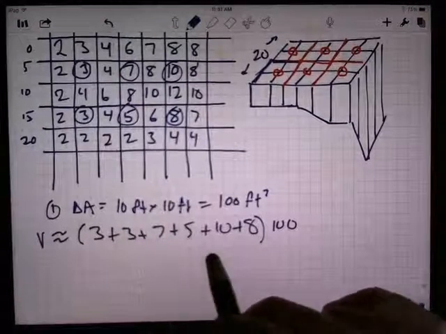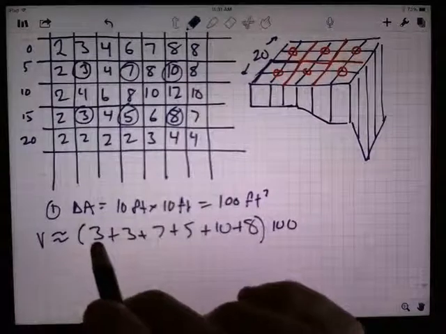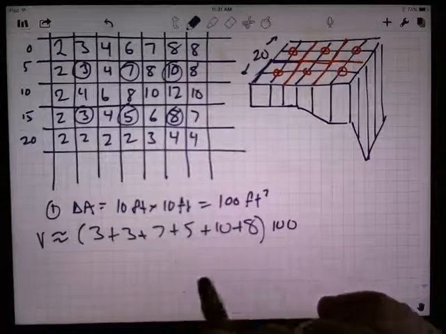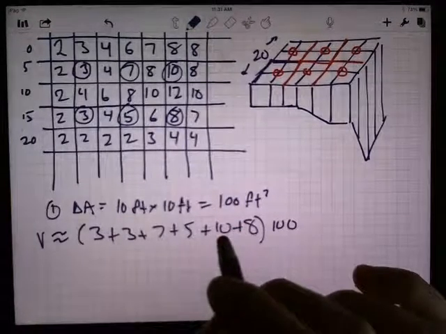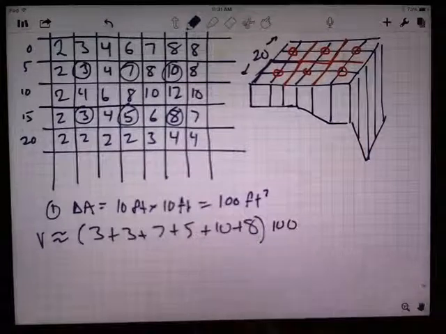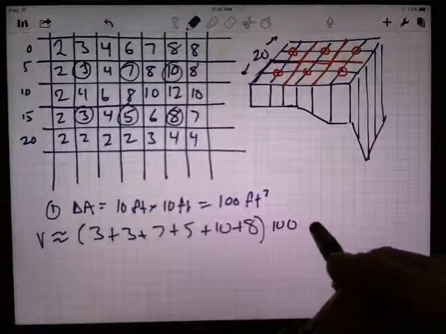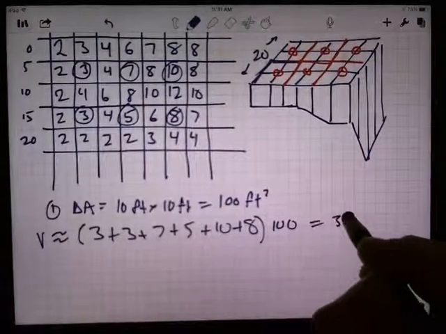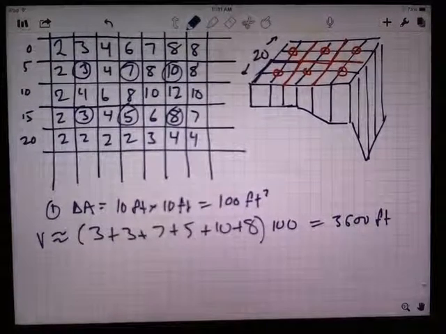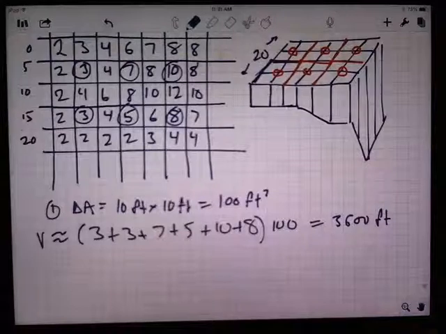Well, what does this add up to here? 6, 13, 23, 31, 36. So 36 times 100 would be 3,600 cubic feet. Okay. So there's my first estimate of the volume.